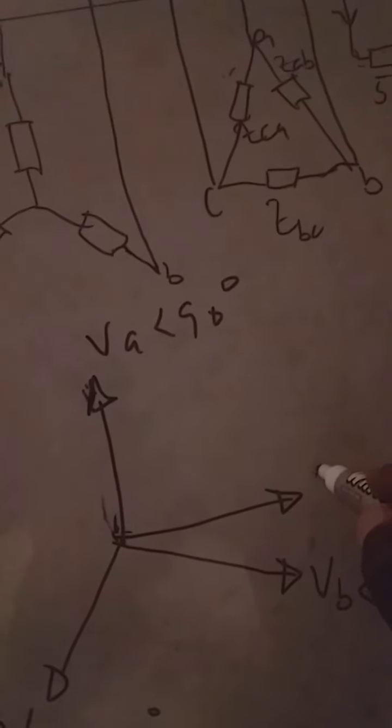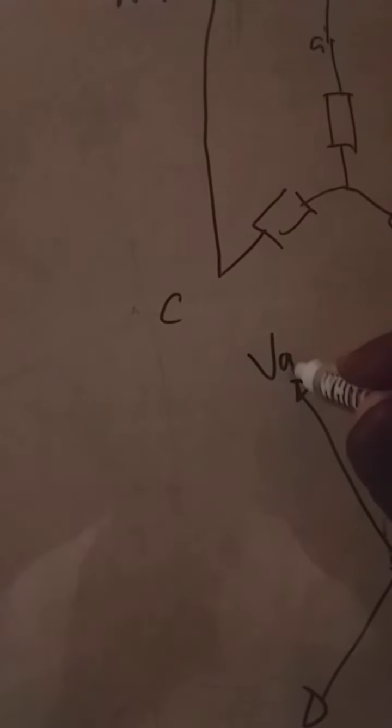Because it is positive phase sequence, this will automatically be VBC, because it must be 30 degrees from this. The line voltage will lead by 30 degrees. And this also 30 degrees will be VAB at angle 120 degrees.